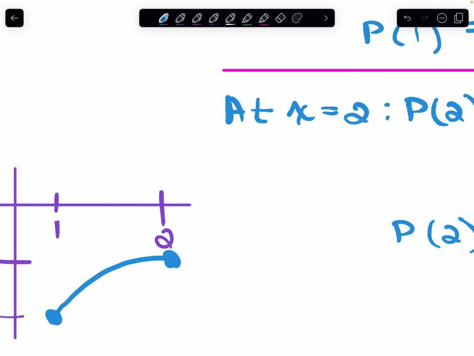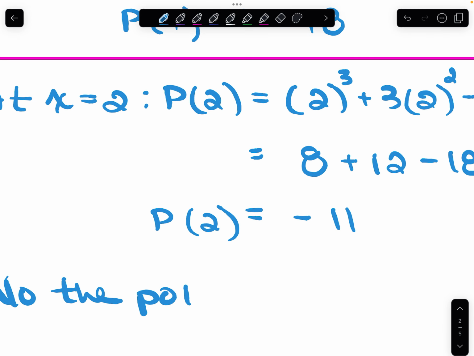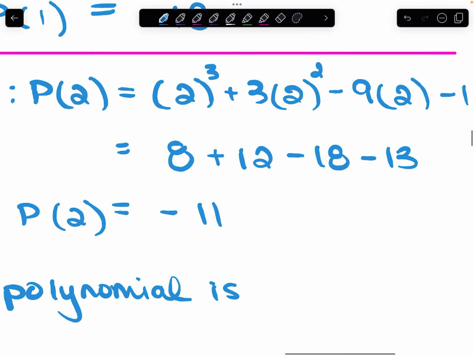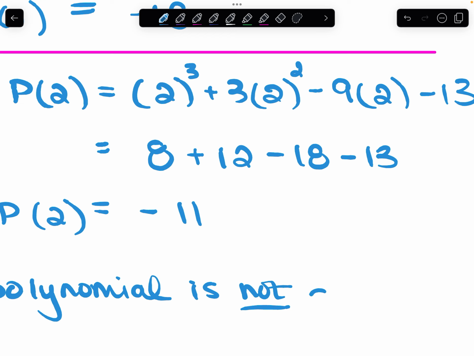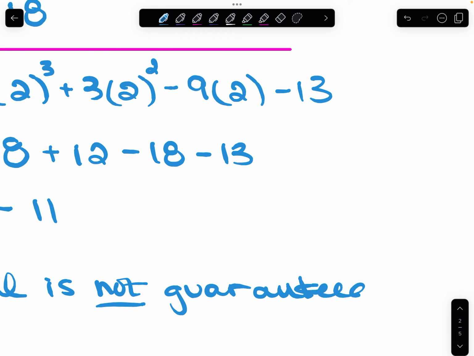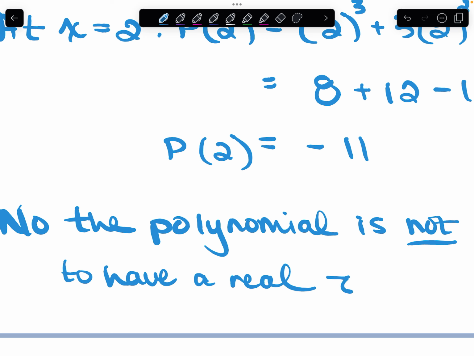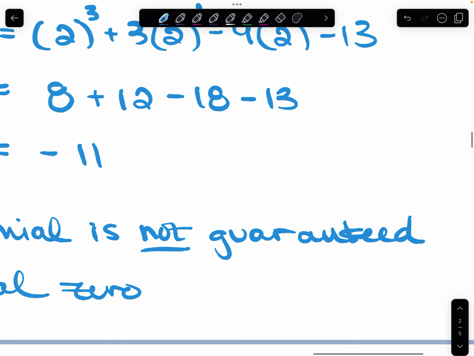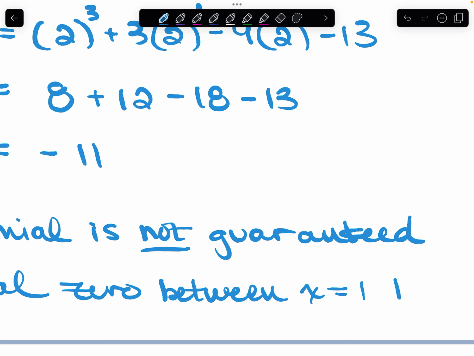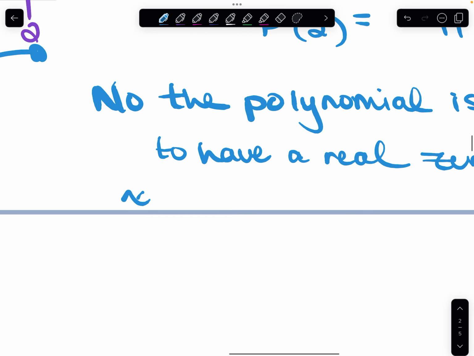So, no, the polynomial is not guaranteed to have a real zero between x equals 1 and x equals 2.